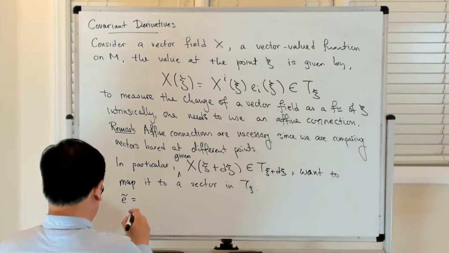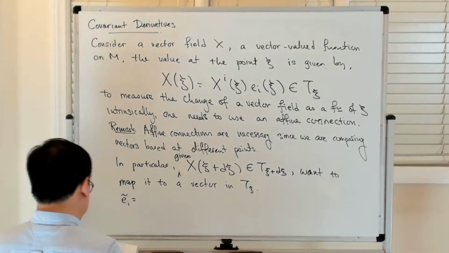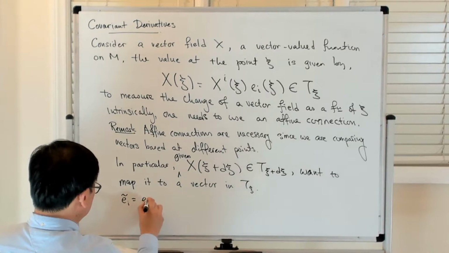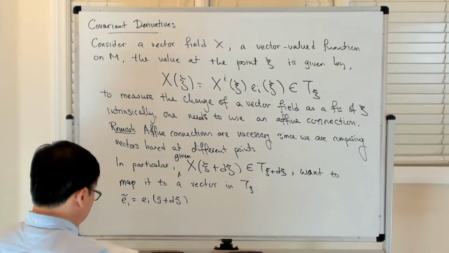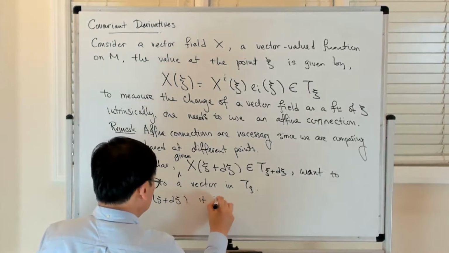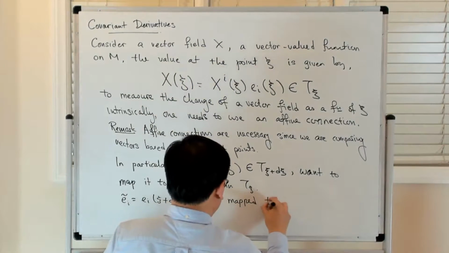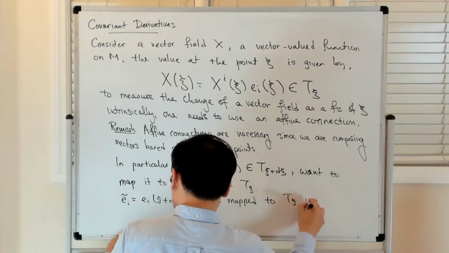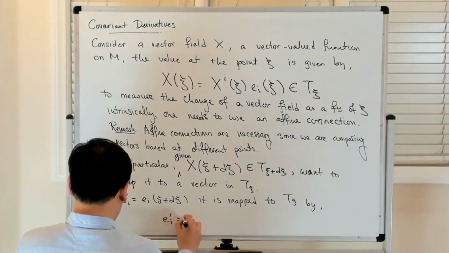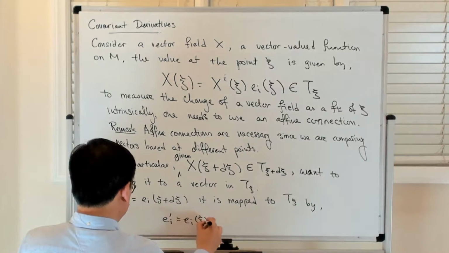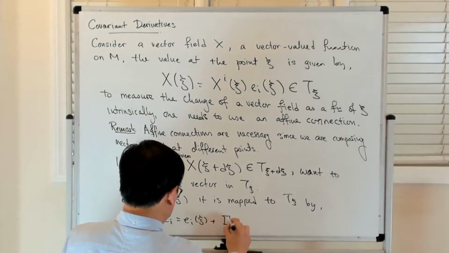So if you have this basis vector E~_i, which is essentially E_i at c plus dc, it is mapped to the tangent space at c by E_i', which is E_i(c) plus Gamma^k_{ij} E_k dc^j, with these being the connection coefficients.